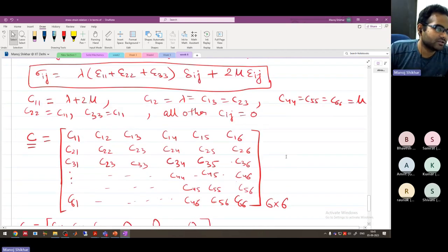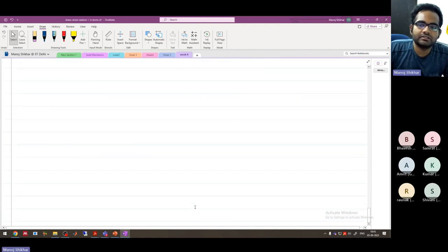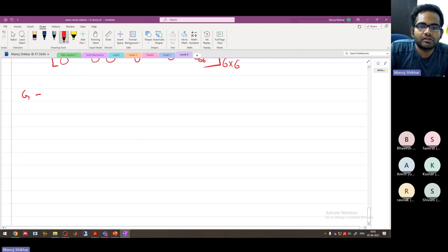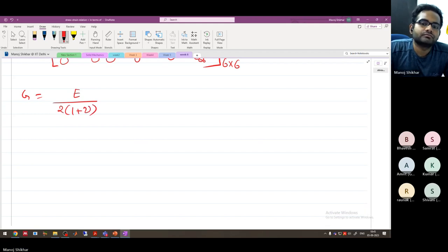Now there are different relationships you may have read between E, G. So G equal to what? E by 2 into 1 plus mu. And G is also equal to mu. So keep this in mind. Now what is mu?